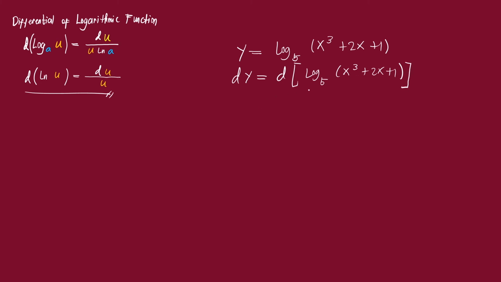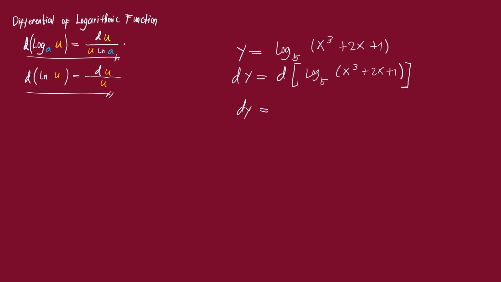For this one, we'll use this formula right here. So our dy is equal to, according to the formula, the differential of u, and take note our u is x cubed plus 2x plus 1, over u times the natural logarithm of the base, which is a.